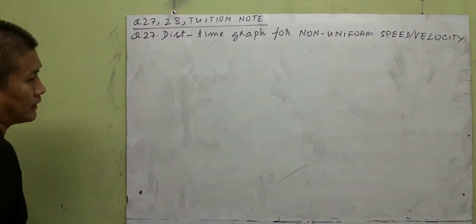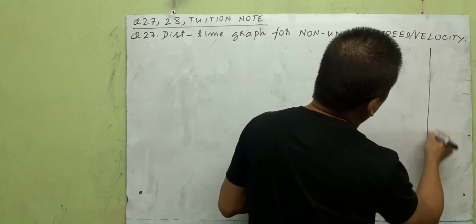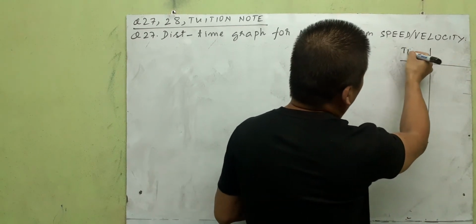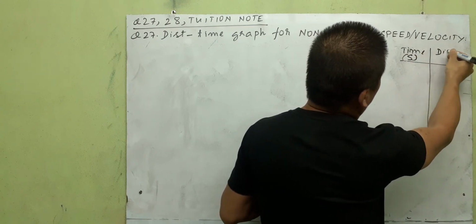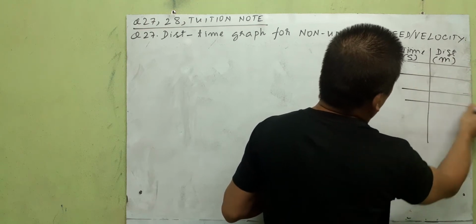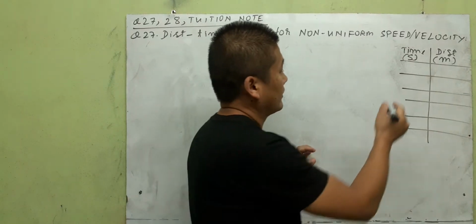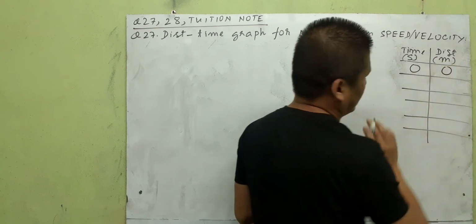So let's take an example first of an object moving with that kind of motion. Let us say this is the time in seconds, and the distance is given in meters. At 0 seconds, the distance covered by this object is 0 meter.